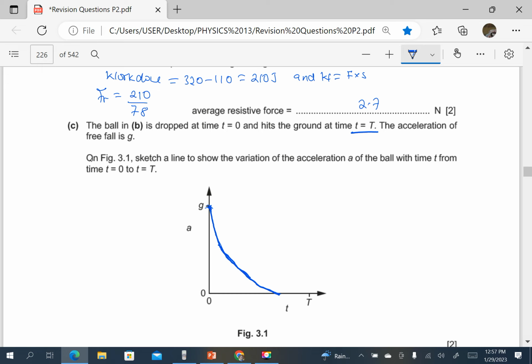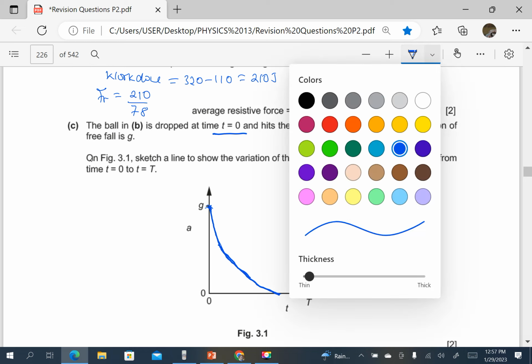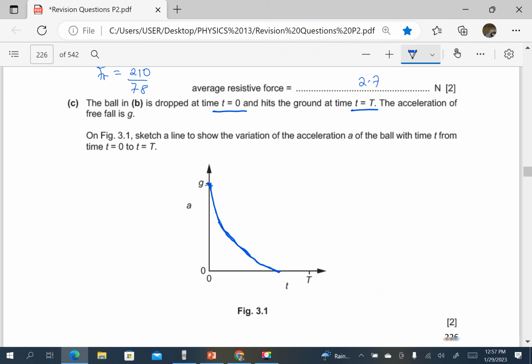At t equals capital T, it hits the ground, when it has already reached terminal velocity. So the graph touches the x-axis before reaching capital T, and the line is curved with a gradient that becomes less negative. In other words, the gradient becomes smaller in magnitude. Okay, I will reduce the thickness again.